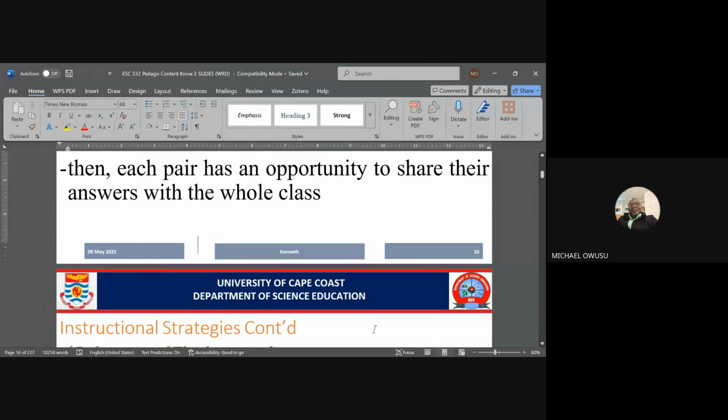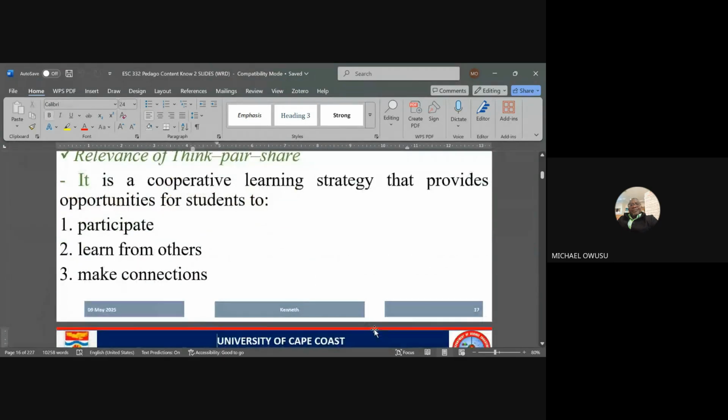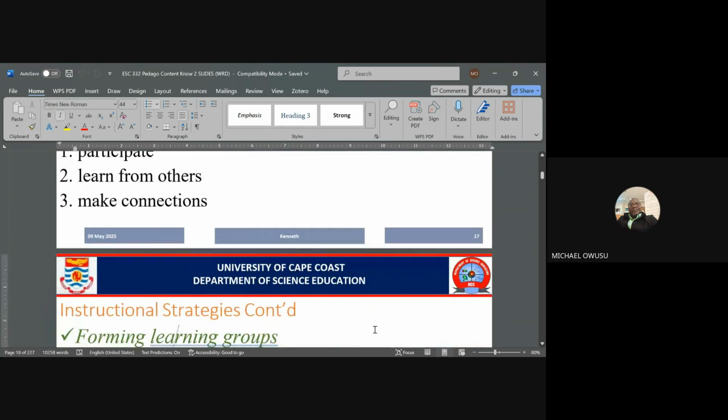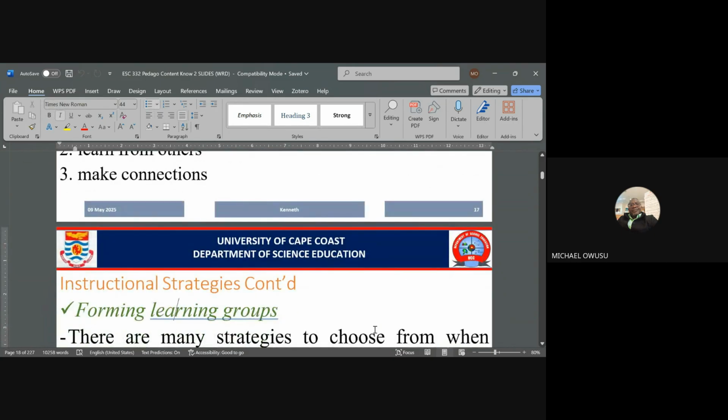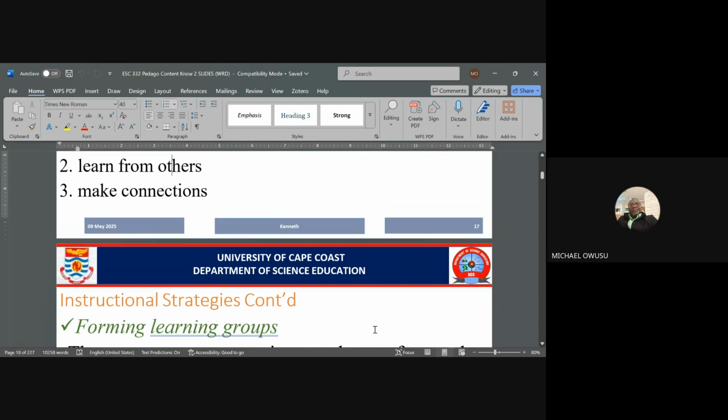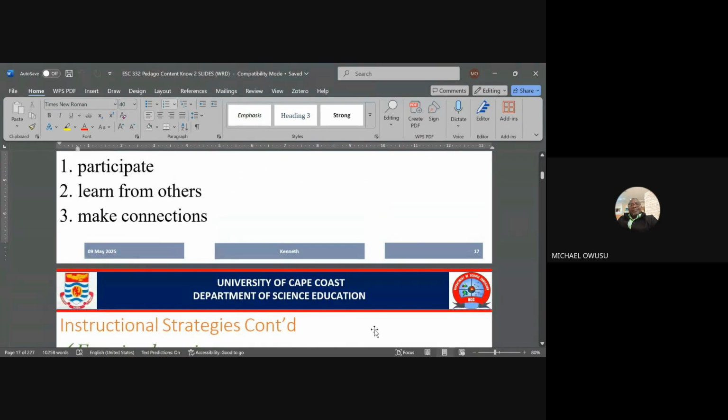Right. Okay. Let's see the importance. Like we have all said, it is a cooperative learning strategy that provides opportunity for students to participate: to learn from each other, to make connections, to respect each person's view, and to also be part of the activity. That is the participation.